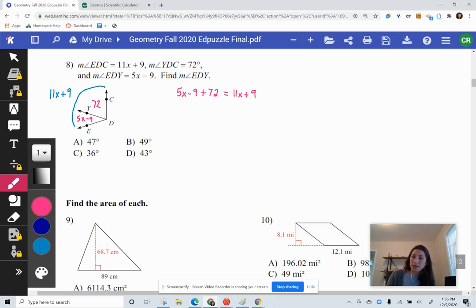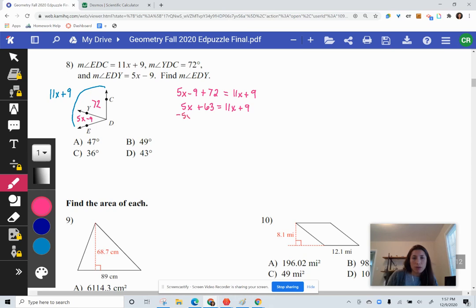Before we start adding and subtracting different things to both sides, I would combine like terms. So let's combine our 72 with our negative 9. When we combine that, that should be 63. Then we can start adding and subtracting to both sides.